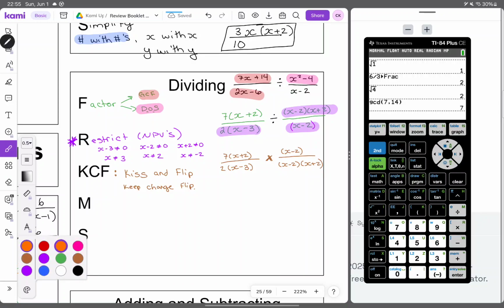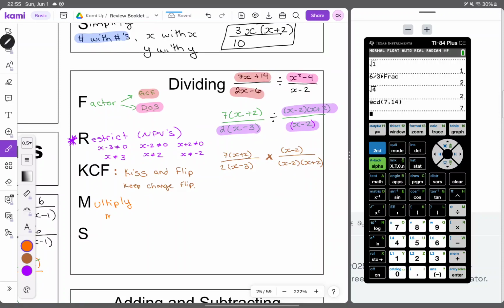Then we're going to do, as it says, we're going to multiply. And remember, you just multiply monomials. We are still never distributing. So again, here I have no monomials to multiply by.